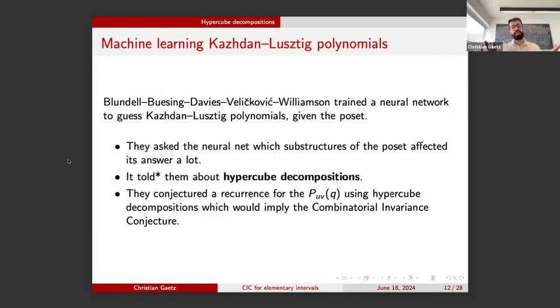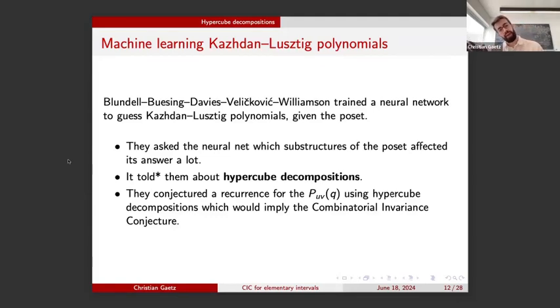And what they did is, assuming the conjecture is true, we're supposed to be able to take this graph, this Hasse diagram of a poset, and just from that information, produce a polynomial. So what they did is they trained a neural network to, given a graph, try to guess this polynomial.